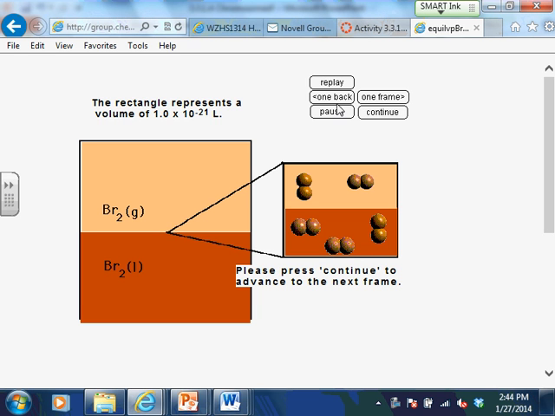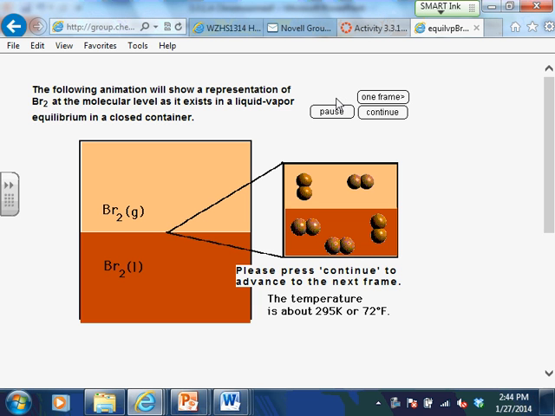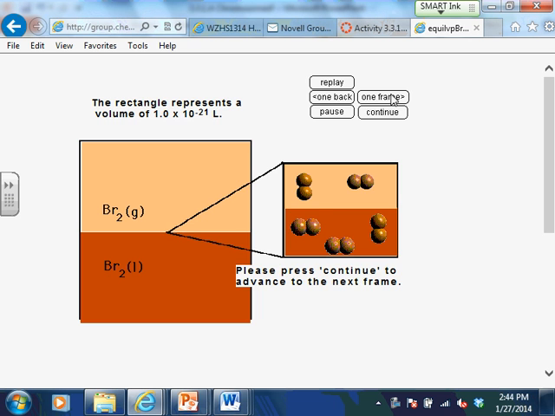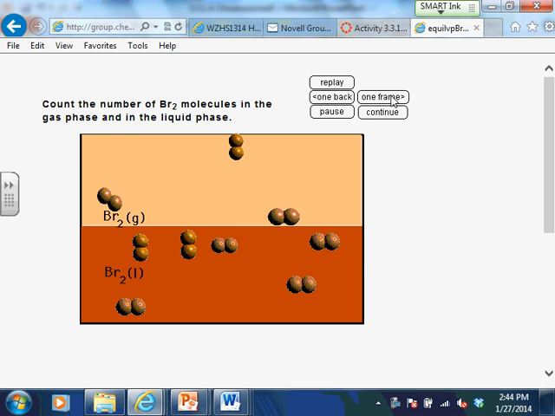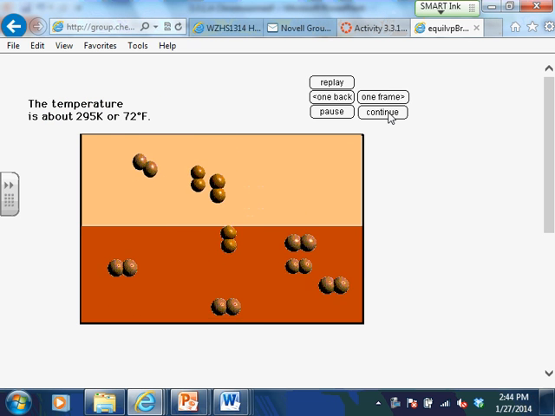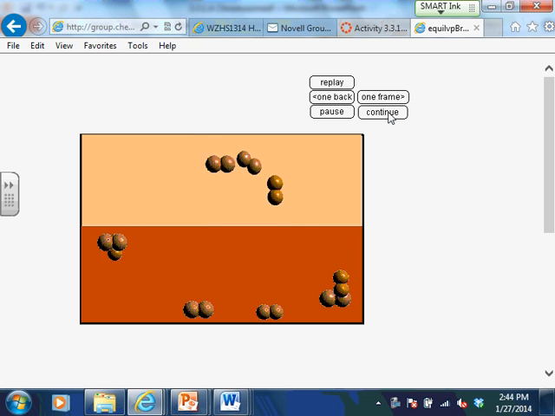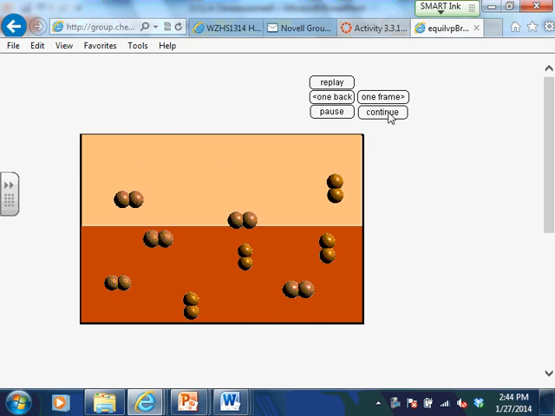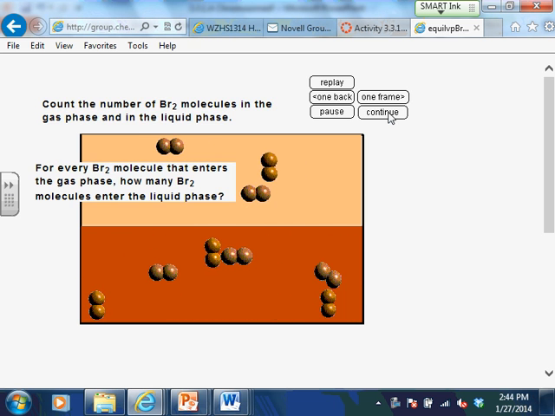I'm a little confused here. Following animation will show representation of this in liquid vapor. Let's continue here. See what happens. Count the number of Br2 molecules in the gas phase and the liquid phase. For every Br2 molecule that enters the gas phase, how many Br2 molecules enter the liquid phase?